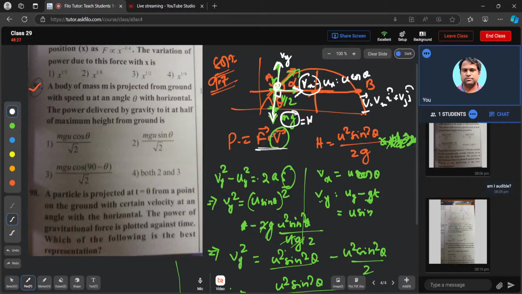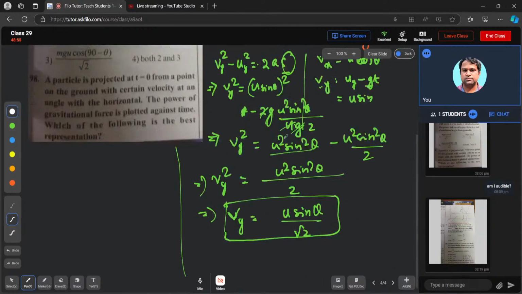So when you are making dot product with force, the force is along negative j direction. So that will dot with Vy. Vx, if you dot product, because force is not having any x component, this part will become 0. Only y part will be there, right?